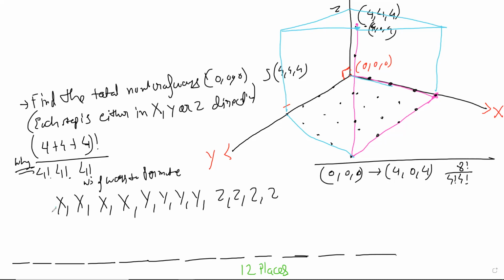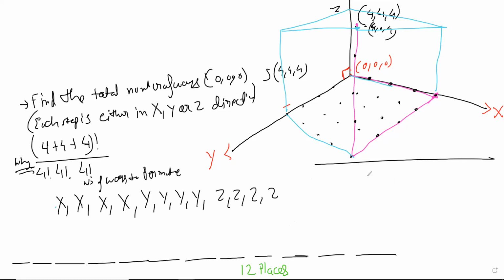So one x has 12 places, right? Yes, 12. But 12 factorial, right? It's 12 factorial. No, but you're on the right track.